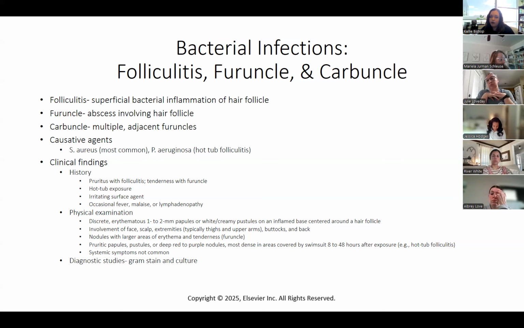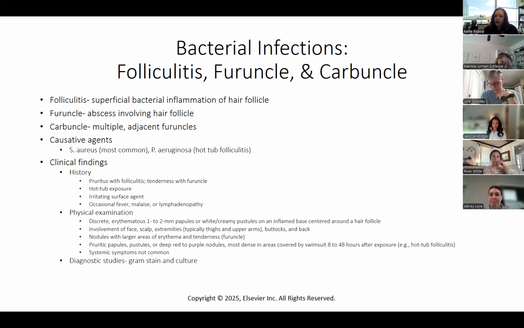Usually this is staph. Hot tub folliculitis is Pseudomonas, and we do see that. I don't know why it grosses me out more than the others, but it just does. On history, it's pretty itchy, pruritic, and then the furuncles tend to be tender.